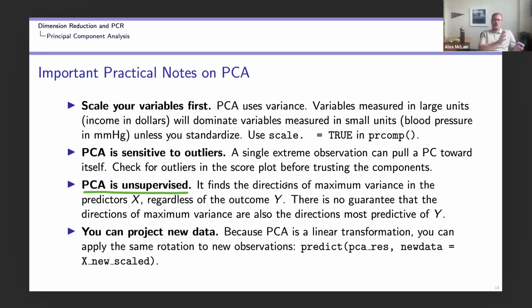Where PCA was used a lot originally, back in the 80s and 90s, was in testing, like IQ testing. The thought process there was, okay, we have all these measurements of intelligence, but there's really only a few latent factors that are driving everything. How good you are with math, how good you are with reading and comprehending text, writing text.